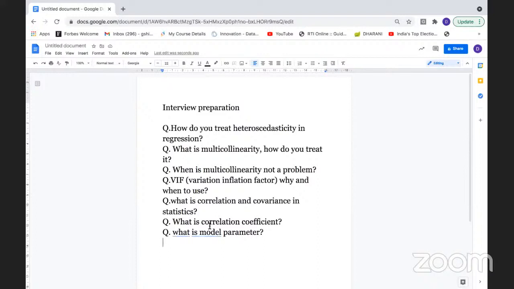It is a configuration variable that is internal to a model and whose values can be estimated from the data.